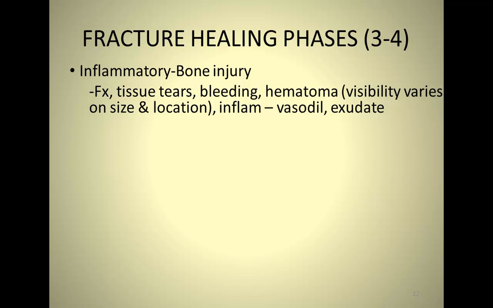So you have that initial inflammatory phase: the tissue tears, there's bleeding, you get a hematoma, you have inflammation, you have vasodilation, and maybe some exudate, which is just drainage. But the vasodilation, that's your inflammatory response.